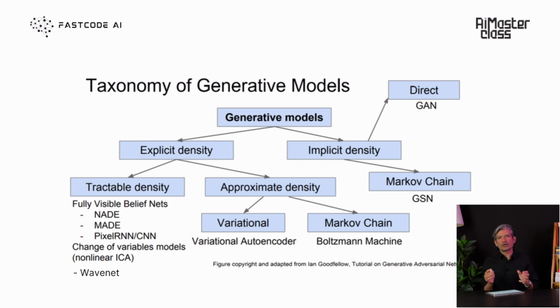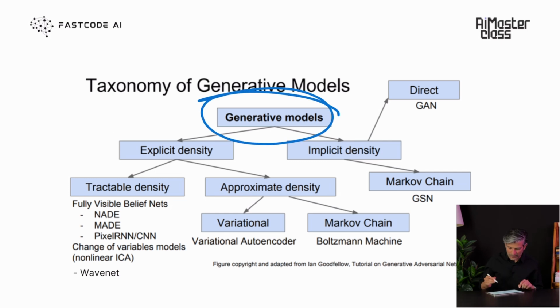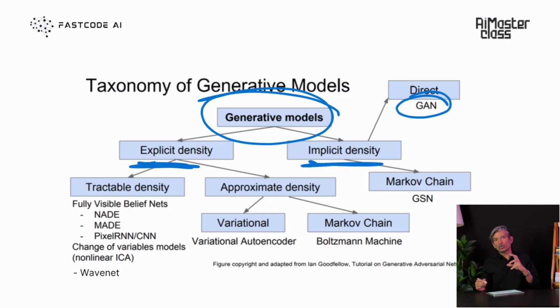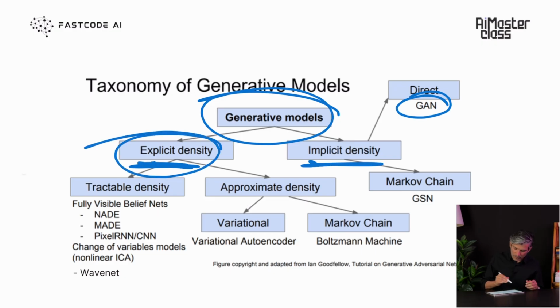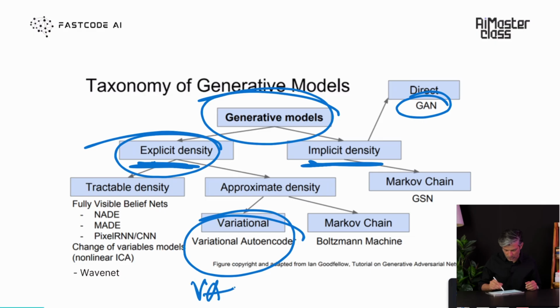Now if you were to generally classify generative models, you have these things called explicit and implicit, and GANs actually happen to be implicit models because we don't do things explicitly, and we're going to check today why. The explicit model is, let's say, the variational autoencoder, which we will also talk about this week.